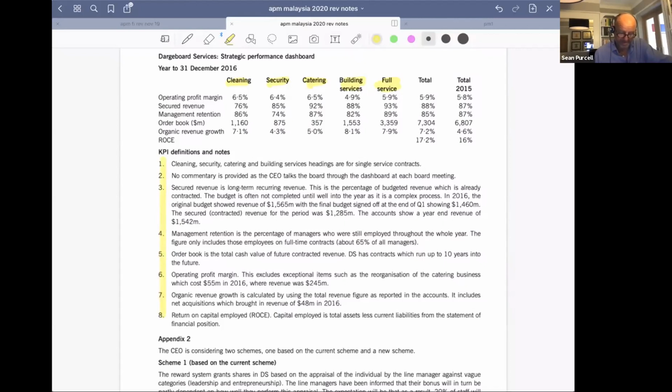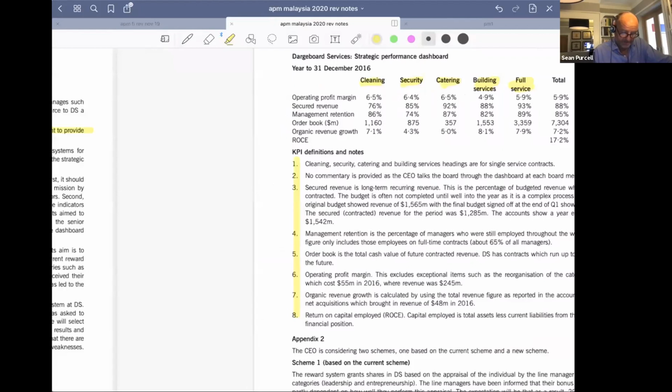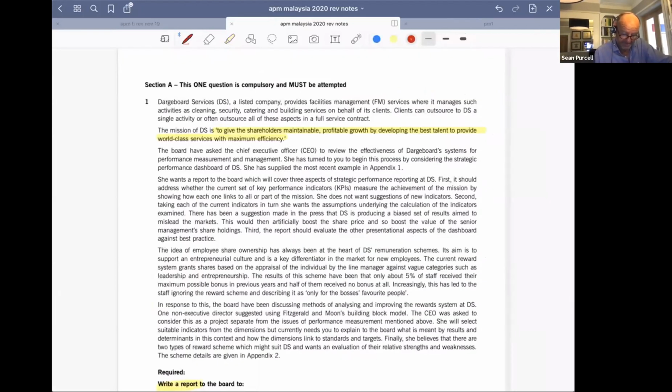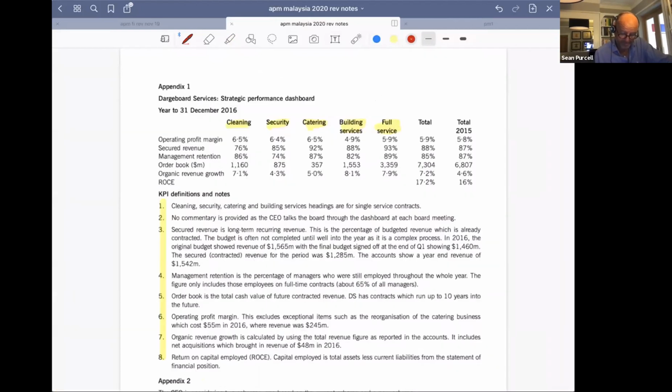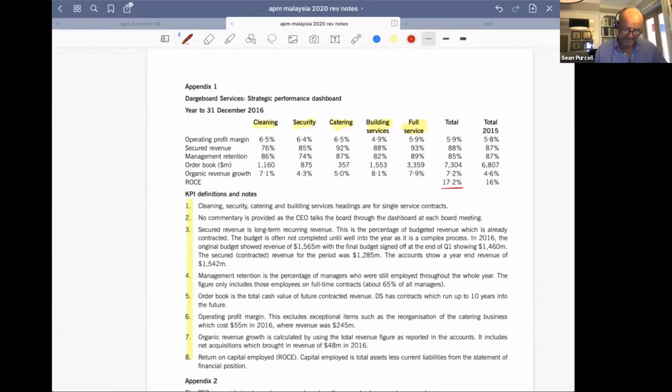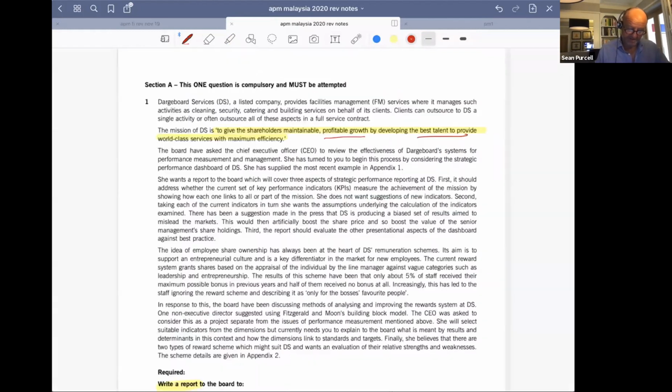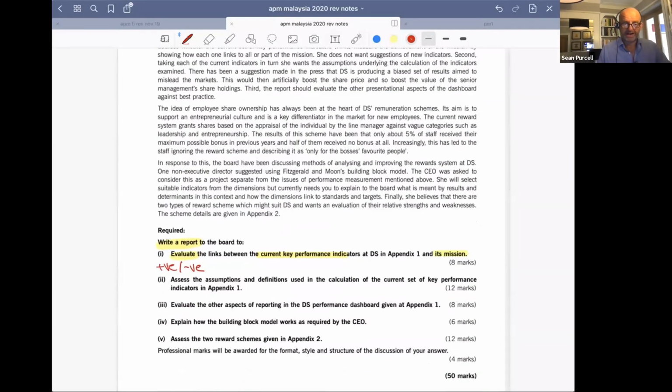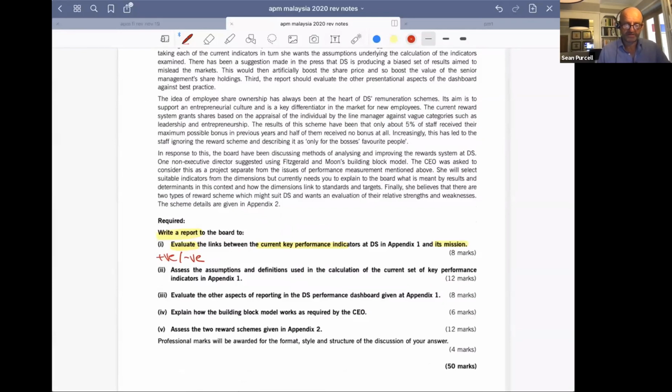Straight away, one of the things I noticed was it said to give shareholders profitable growth, the best talent. So going back to the KPIs, does it talk about profit? Well, it does talk about ROCE, so that's fine. Does it talk about talent? I'm not sure it does talk too much about talent, so I might criticize that. So all I'm doing is connecting the mission, connecting the requirements, and adding them up and coming up with some decent points.